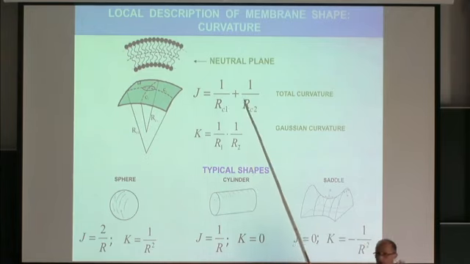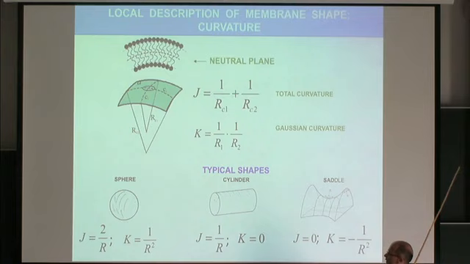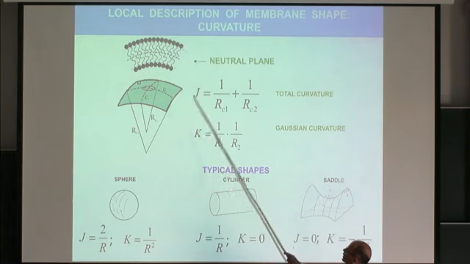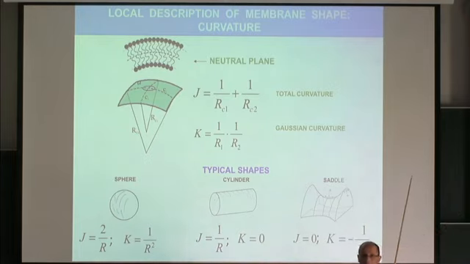The difference is just a factor of 2. And the product, the physics of the membrane is described by these two numbers, not by principal curvatures, because these numbers are scalars of the curvature tensor.